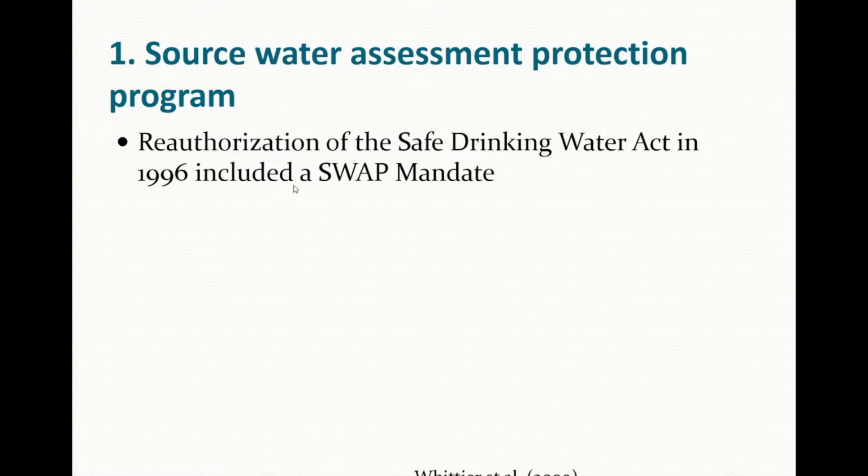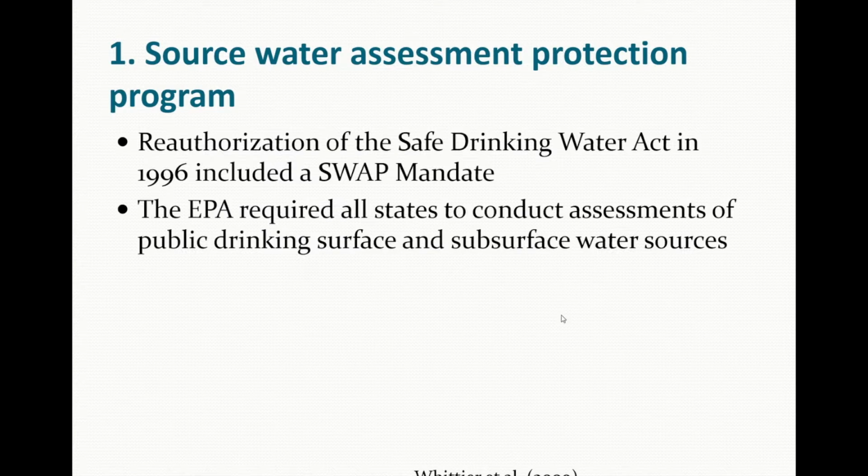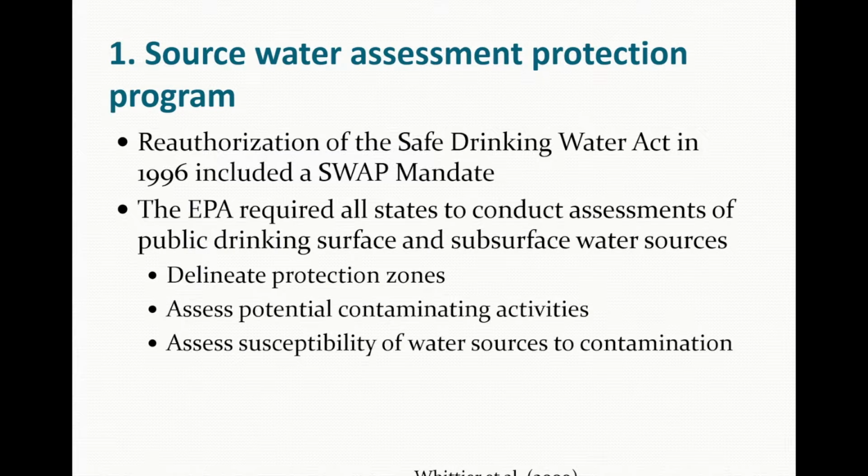That included the SWAP, Source Water Assessment Protection Program, mandate. And this required every state to conduct assessment of public drinking surface and subsurface water sources. They can be wells, subsurface, or surface such as intakes on lakes and reservoirs.